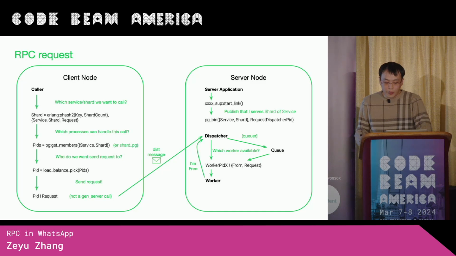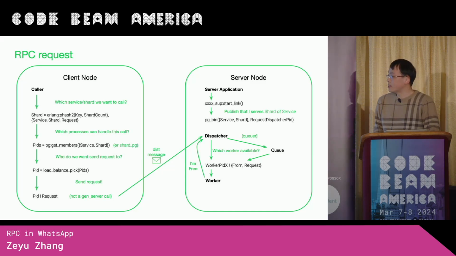If yes, it will just send the request to the available worker. And if not, it will put the request into an internal queue and wait for a worker to be available. And once a worker has done its job, it will notify the dispatcher that it's free, so that the dispatcher can later dispatch new requests to the worker.